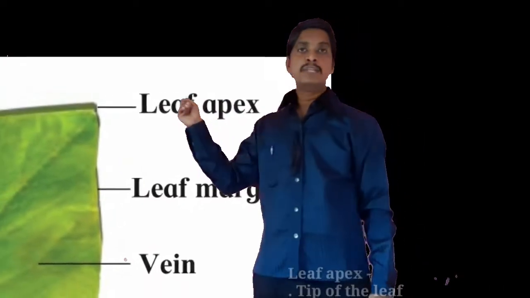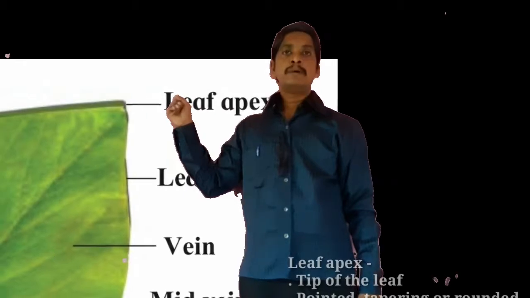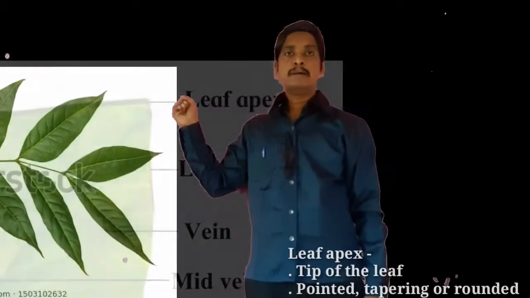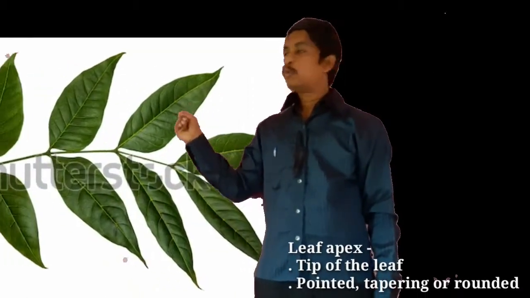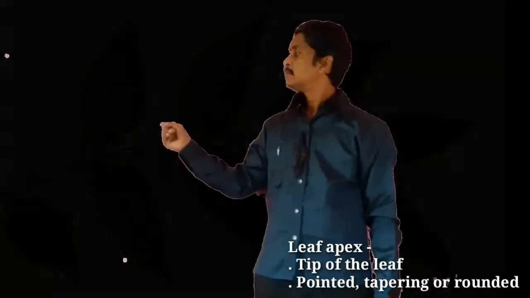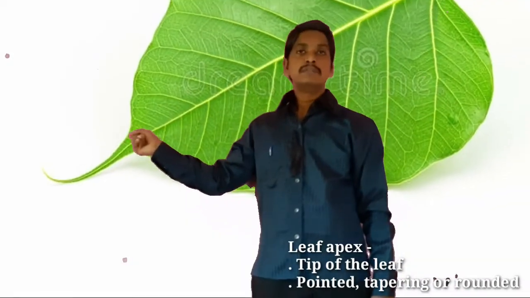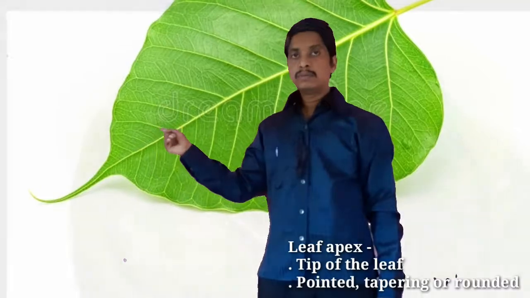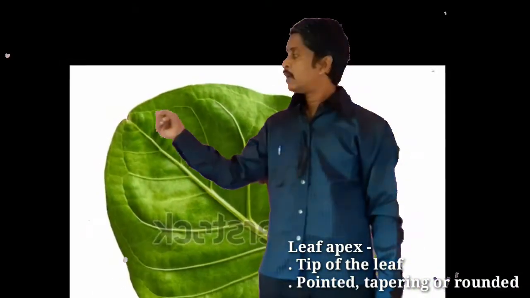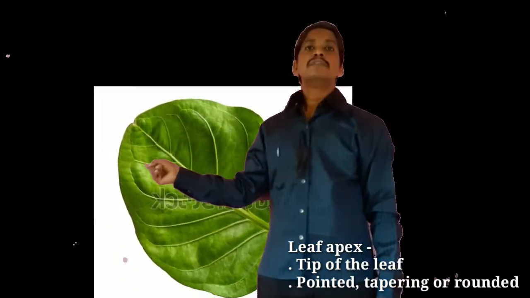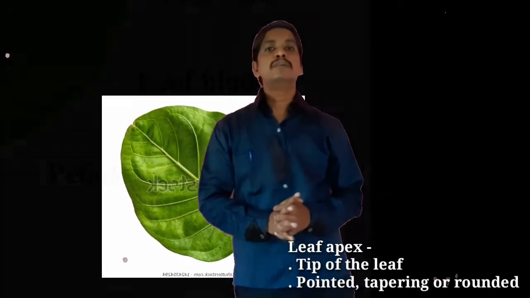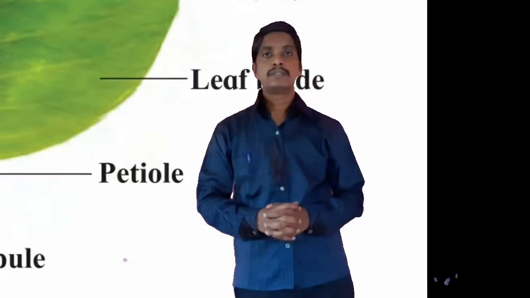The tip of the leaf is called the leaf apex. Leaf apex may be pointed, tapering or rounded. These are the different types of the leaf apex.